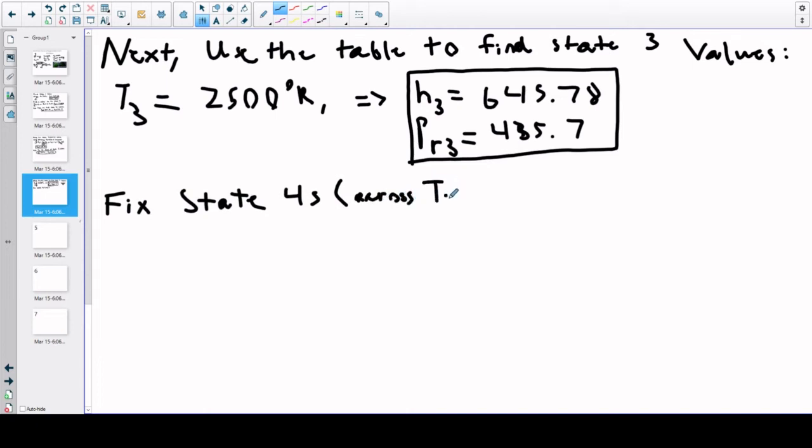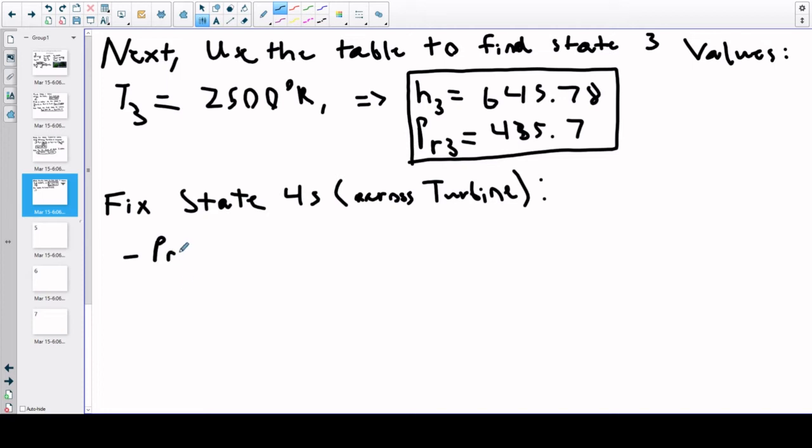And this is across the turbine, as I said before. And so we are going to use a similar relationship to what we did earlier.